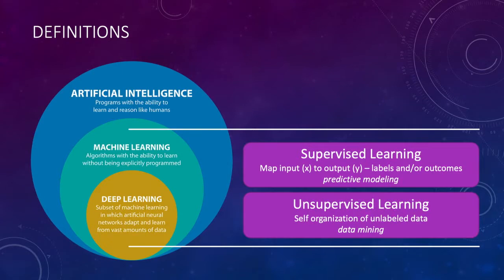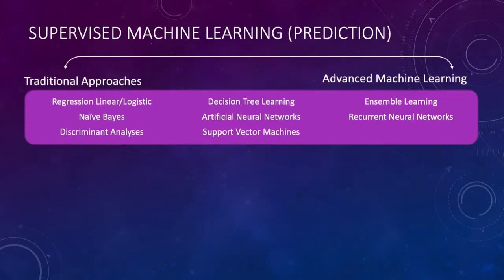Then you have unsupervised learning, which is what they call data mining. This is when you're trying to understand how data should be organized, but you don't necessarily have an outcome of interest. 90% of the world of machine learning, particularly in emergency medicine, is probably supervised, but unsupervised learning has some value too.